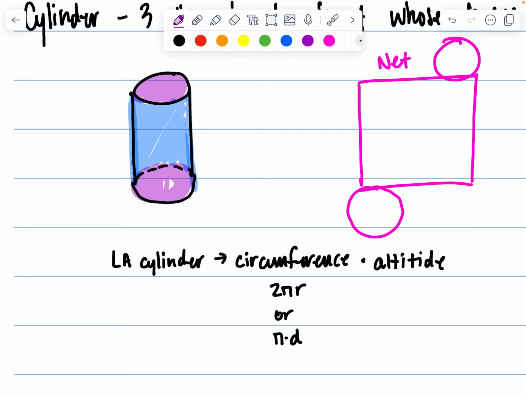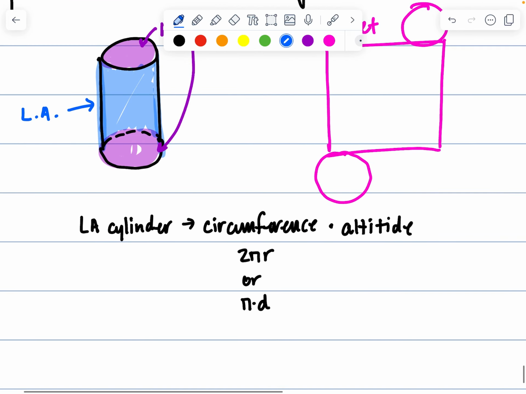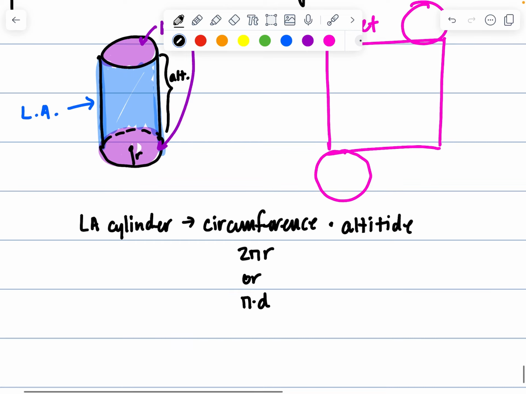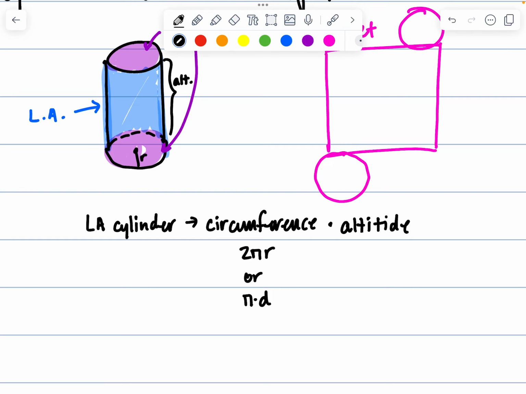So I'm going to label this. We have base 1, another base 2, and then we have the lateral area. So the lateral area is the circumference, 2 pi r, or pi times diameter, times the altitude. Once again, we could call this the altitude, the height, but I'm going to call it altitude.